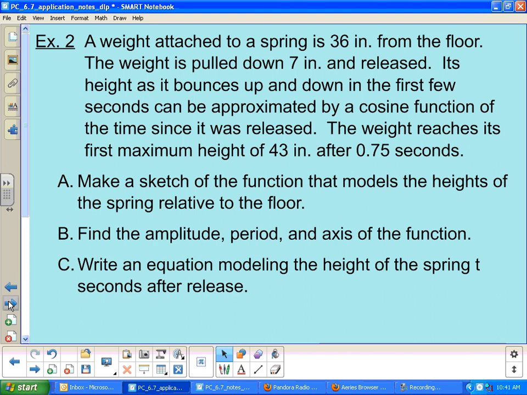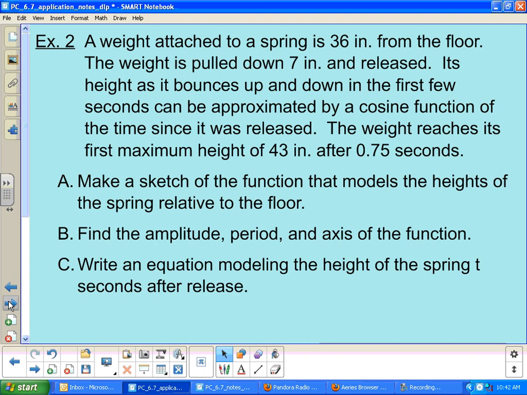So the spring's going to go up, and is it going to stop at 36? No. Where's it going to go? How far above 36? Another 7 inches. Because I loaded it with 7 additional inches of energy. It's going to go to 36 and 7 more.